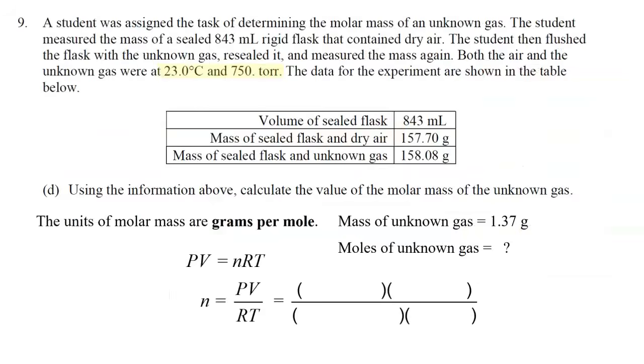So that's going to be our conversion factor. 750 torr times 1 atmosphere over 760 torr to convert the units from torr to atmospheres. So I'll pick up my calculator and do 750 divided by 760, and I get a value of 0.987 atmospheres. So that's the pressure I'm going to use in this calculation.